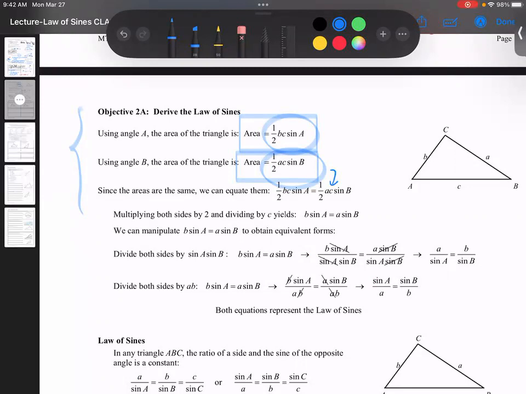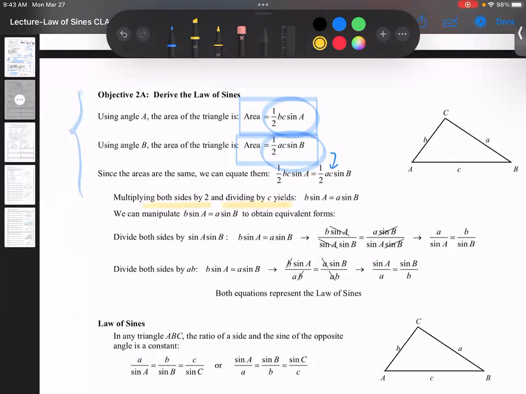Now I can do some simplification. I can multiply both sides by 2 to get rid of the 1/2, and then I can divide both sides by c to get rid of the c, because that's common. So now I can reduce to b times sine A equals a times sine B.